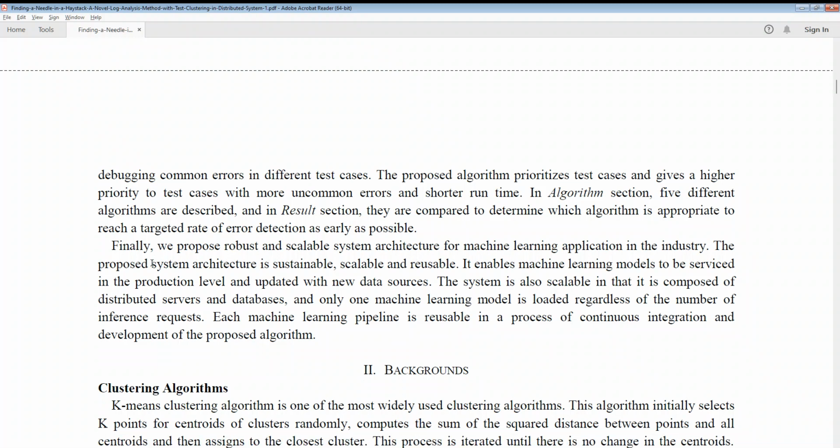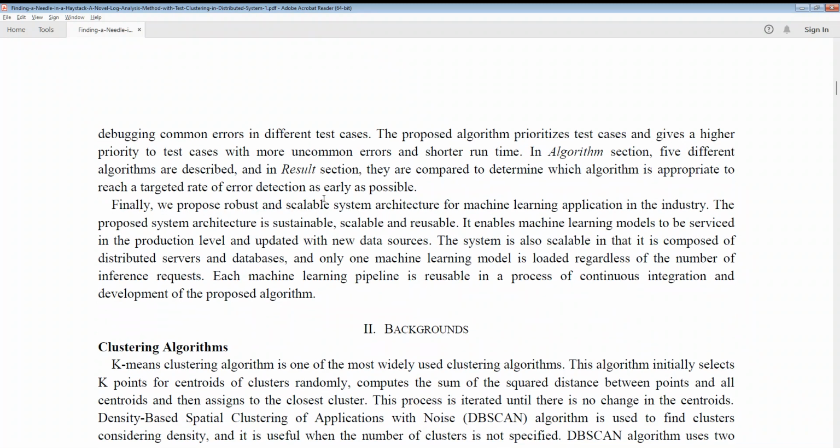Finally, we propose a robust and scalable system architecture for machine learning applications in the industry. The proposed system architecture is sustainable, scalable, and reusable. It enables machine learning models to be serviced at the production level and updated with new data sources.